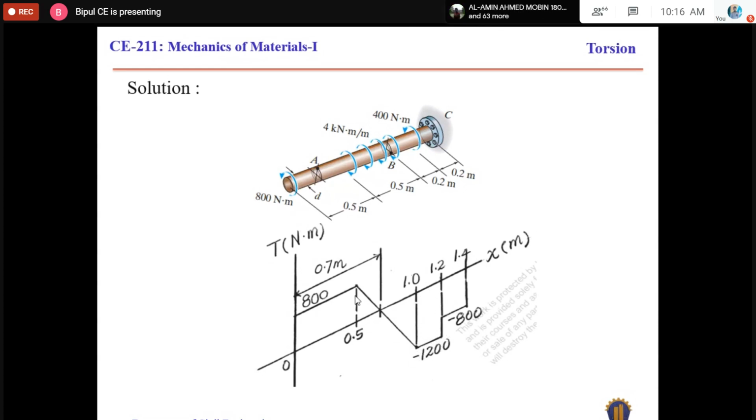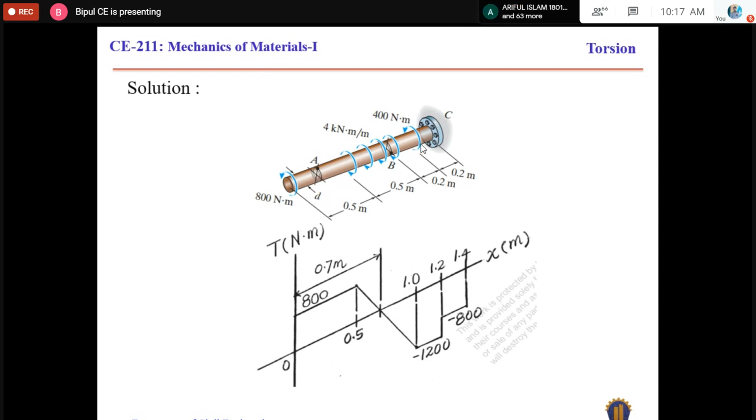But in this zone, it indicates that the resultant torque is varying, and the resultant torque varies from 800 to 1200 linearly. And at this area, the resultant torque is 0.